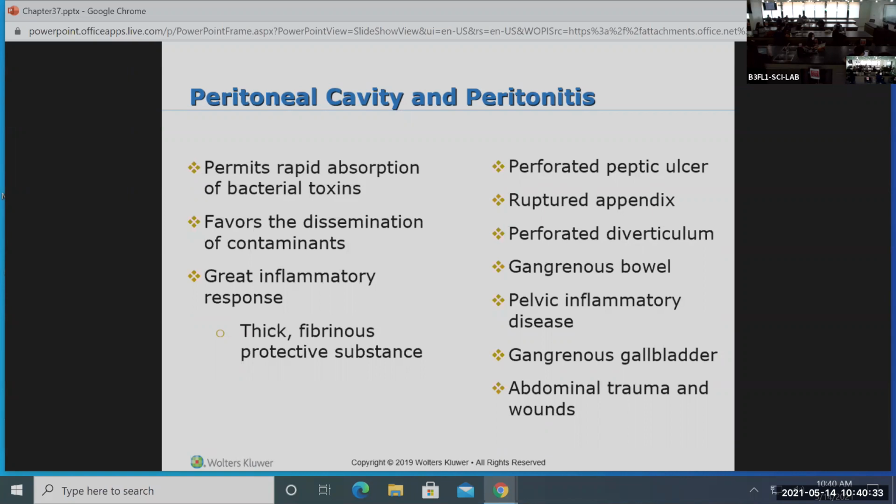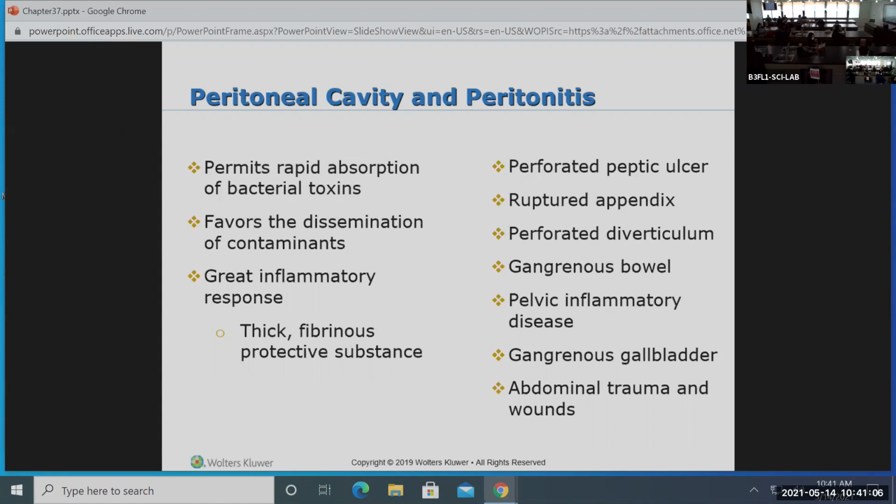Now, peritonitis will occur, look at those on the right column: perforated peptic ulcer, perforated appendicitis, perforated diverticulum, in late stage of gangrenous bowel or pelvic inflammatory disease. So those are the important causes of peritonitis.